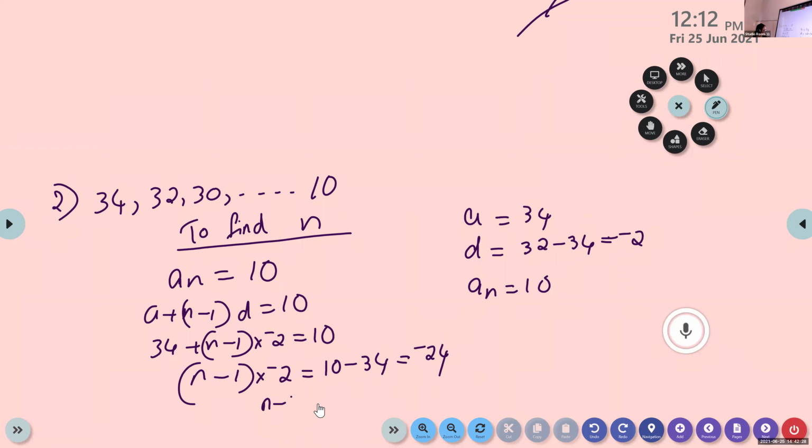So n minus 1 equal to minus 24 by minus 2, 12. So n equal to 12 plus 1, 13.